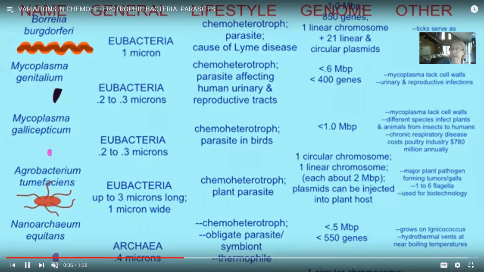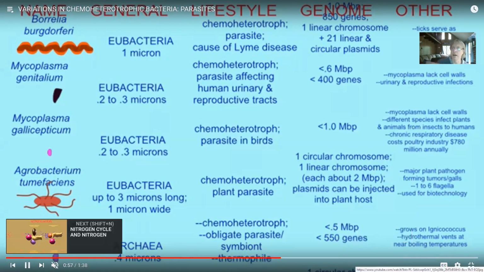You could be a parasite living in another thing and causing disease. So it is your host, which is the source of the organic molecules, providing both your energy and your carbon source. So some chemoheterotrophs are parasites. Some are actually predators. As we'll see, there are some bacteria which eat other bacteria or eat eukaryotic cells.